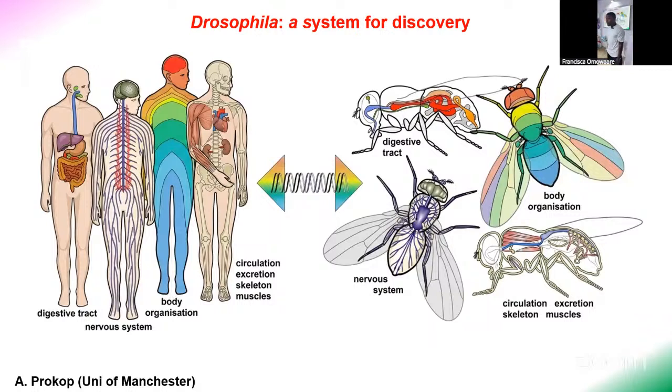The circulatory system as well. They don't have red blood cells or white blood cells, but they've got immune cells. So they can be used to study some of these good biology questions, because they've got similar anatomical structure compared to human.